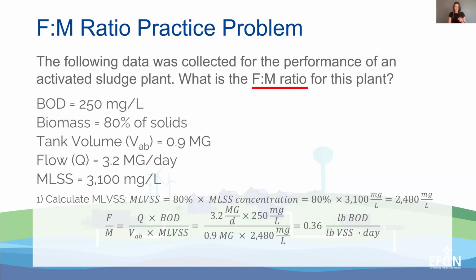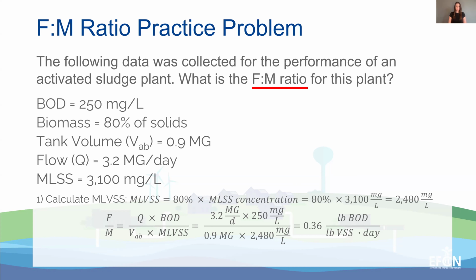So we have 3.2 mgd multiplied by 250 milligrams per liter. We divide that by the product of 0.9 million gallons and 2,480 milligrams per liter. We put this in our calculators, and we should get 0.36 pounds of BOD per pounds of VSS per day. So good job there, everybody.